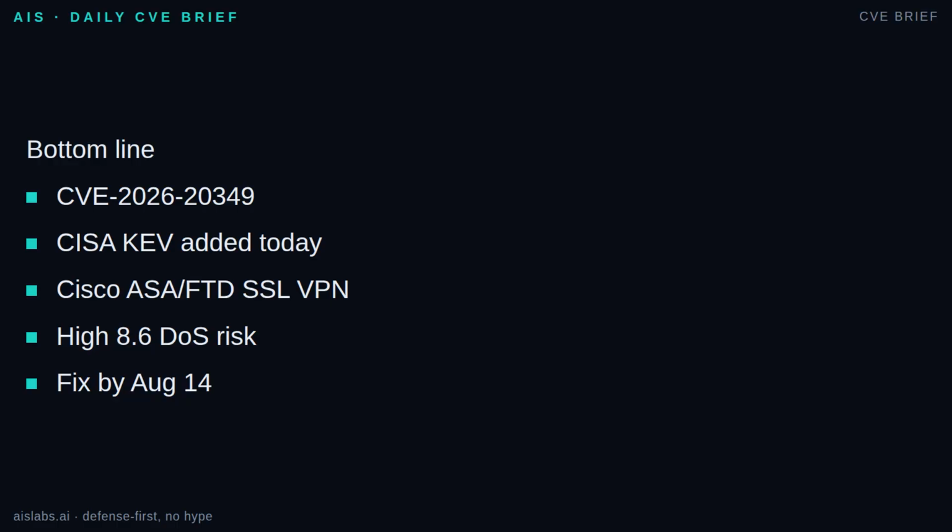The CVSS score is high at 8.6. Known ransomware use is unknown, and EPSS is listed as 0.000, but KEV listing means known exploitation. Inventory your ASA and FTD devices, check SSL VPN exposure, follow Cisco guidance, and use August 14th as the deadline.